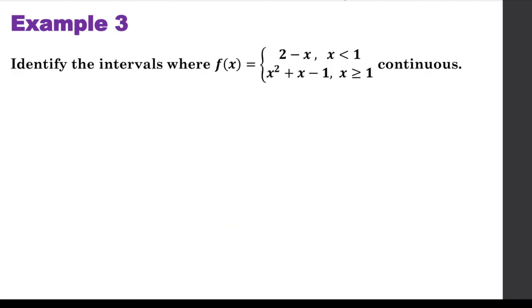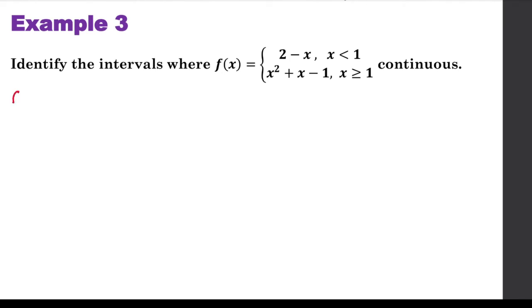For example 3, let us identify the intervals where the given function is continuous. So 2 minus x is a polynomial, same with x squared plus x minus 1. So we can say that the function would be continuous everywhere, except possibly at x is equal to 1.